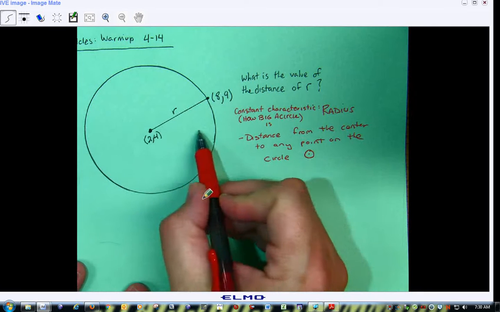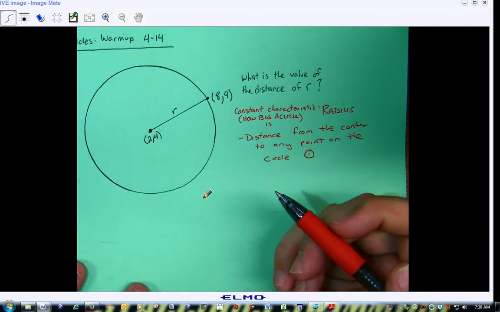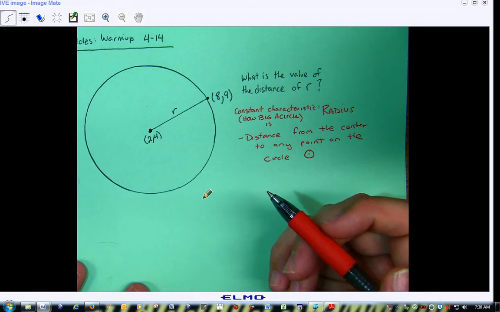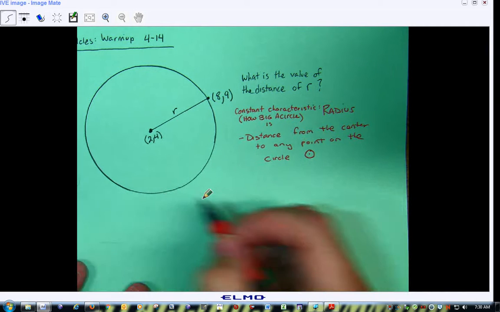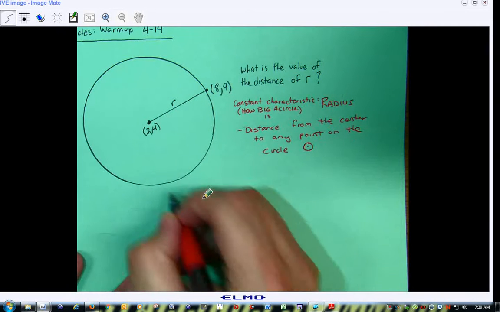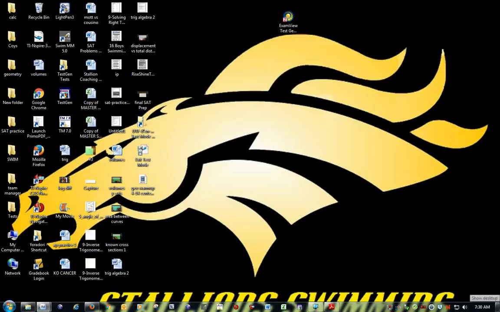Now, how do we calculate the distance between 2 points? Distance formula. So we're going to use a distance formula.